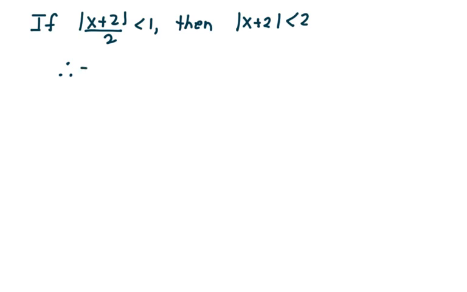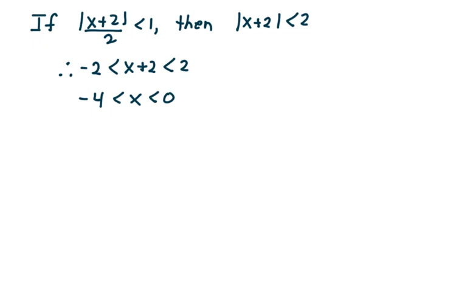If the absolute value of (x + 2) over 2 is less than 1, then the absolute value of x + 2 is less than 2 if you just multiply both sides by 2. And so, therefore, negative 2 is less than x + 2, which is less than 2 if we unwind that absolute value. And so, therefore, x is less than 0 and greater than negative 4.